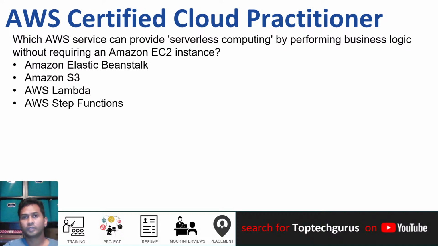But if you don't remember at this point, let's look at the options. Amazon Elastic Beanstalk is a templated way where you can implement EC2 instances with the set of software that you need, bundled together, so that you don't have to set up your own EC2 instance and then choose what kind of Apache server you want on top of it, what kind of connections you need, what kind of security groups you need.